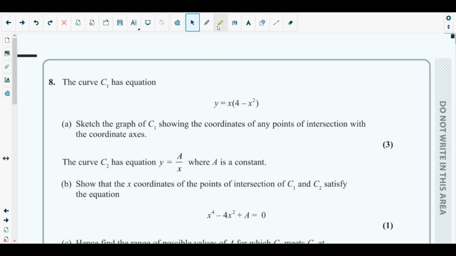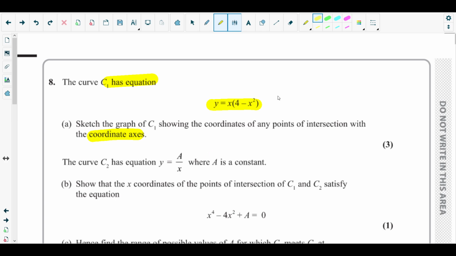Okay, here they say the curve C1 has equation y equals x times (4 minus x squared). Part A asks to sketch the graph of C1, showing the coordinates of any points of intersection with the coordinate axes.